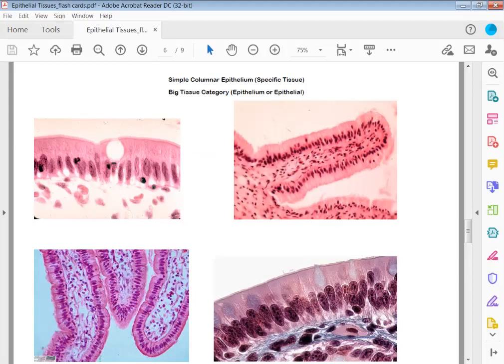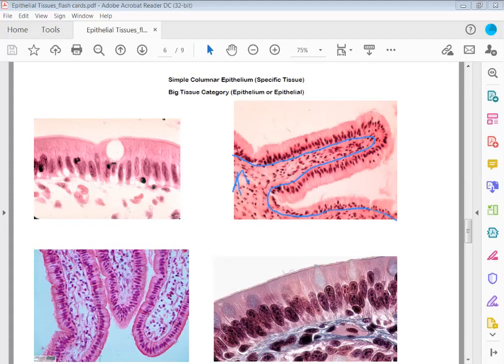Here's another one. You see one row of nuclei. Let me show you why you're seeing some things underneath it. The epithelial tissue is stopping right along this line. Right here.